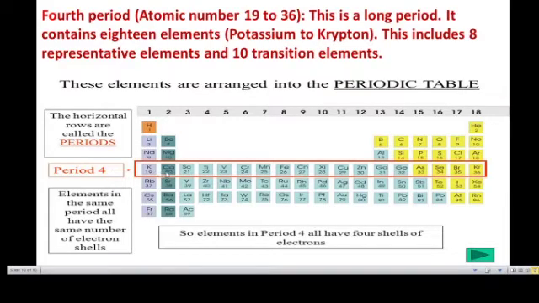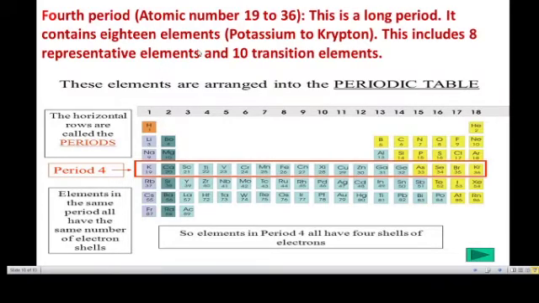So totally 10 transition elements are present in the fourth period.